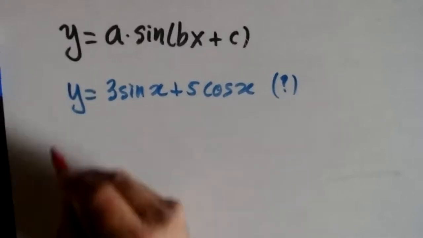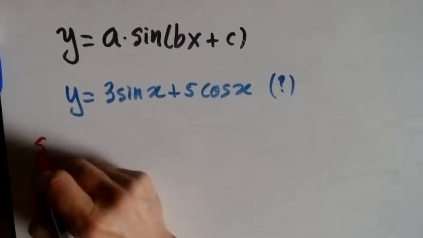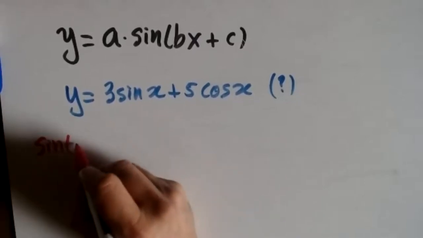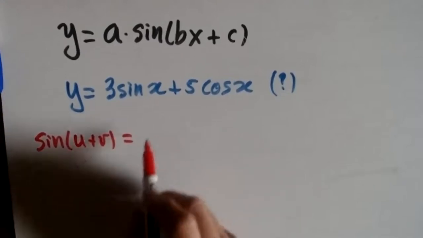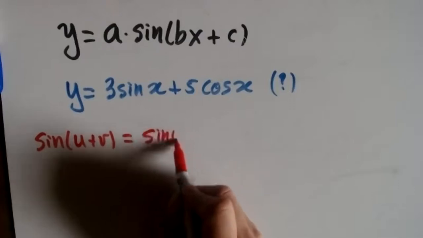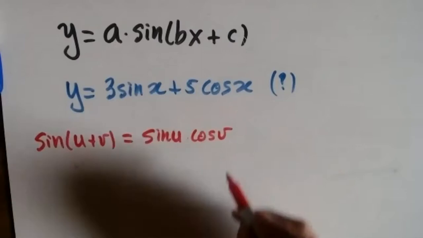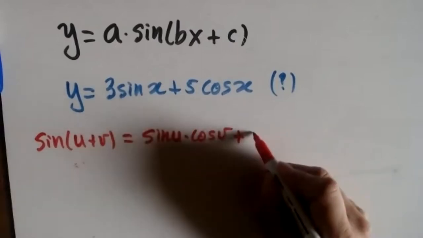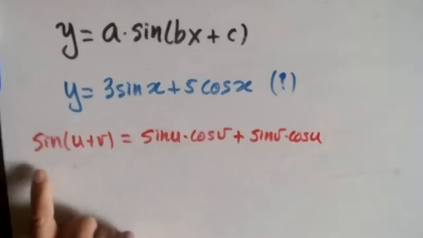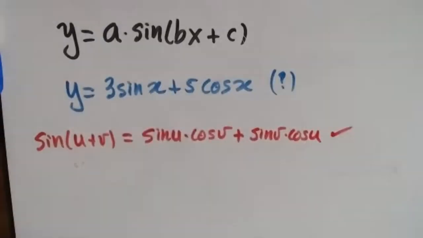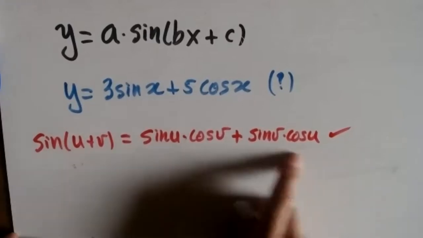Sine of u plus v, let me change the variables, is going to be sine u cosine v plus sine v cosine u. This identity is something that we have given, so no problem with this. We're going to use it.